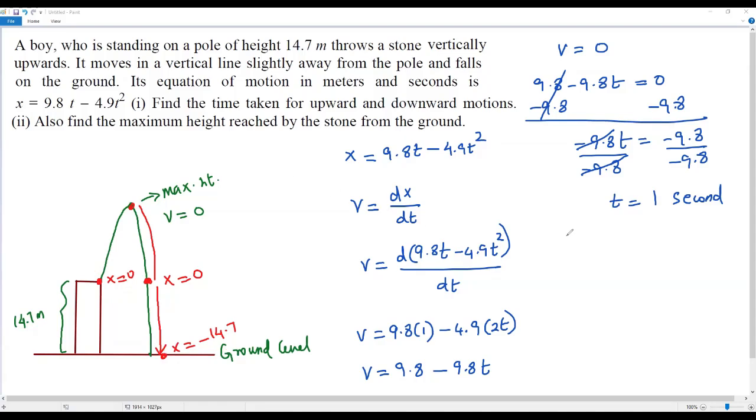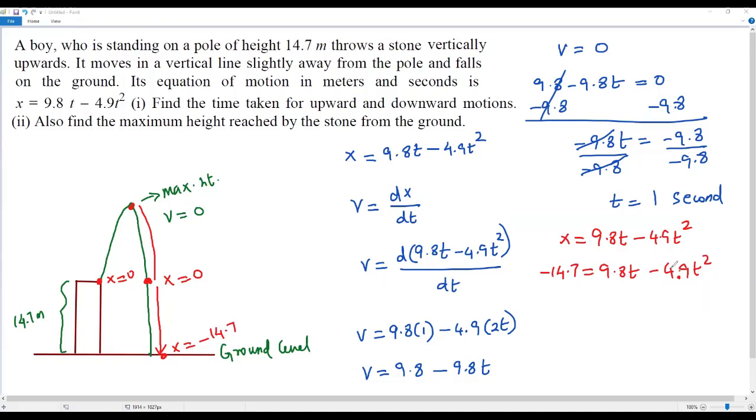Okay, let me do it. I write the equation of motion: x equals 9.8 times t, minus 4.9 times t squared. Now I'm going to plug in the final destination of the stone, negative 14.7, for x. So negative 14.7 equals 9.8t minus 4.9t squared. It's actually a quadratic equation, and I have to get it in standard form, ax squared plus bx plus c equals 0.